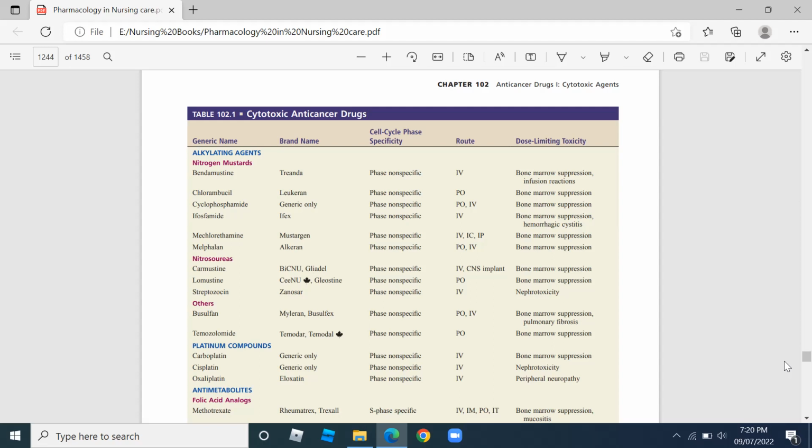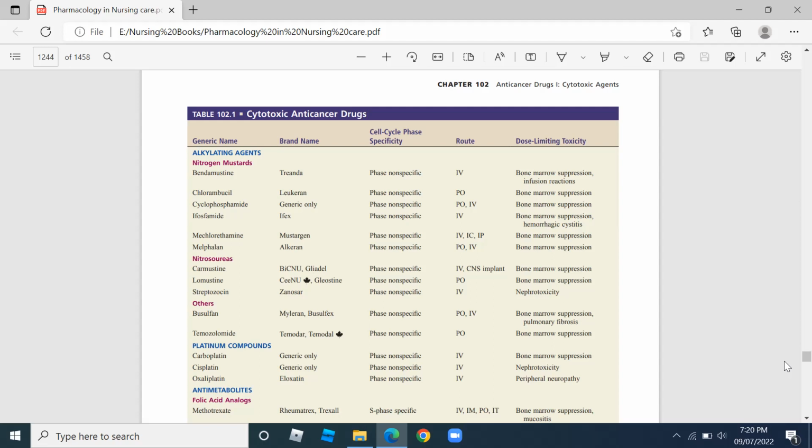Another route, which is very particular for mechlorethamine, is IV, IC, and IP. IV is intravenous, IC is intracranial, and IP is intrapleural, that is in the pleural cavity, which is related with the lungs.